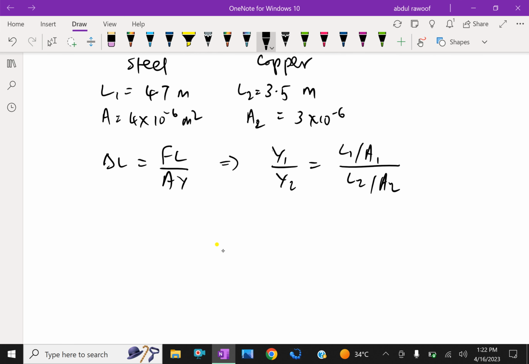From this combination, you can write which is equal L1 by L2 into A2 by A1.